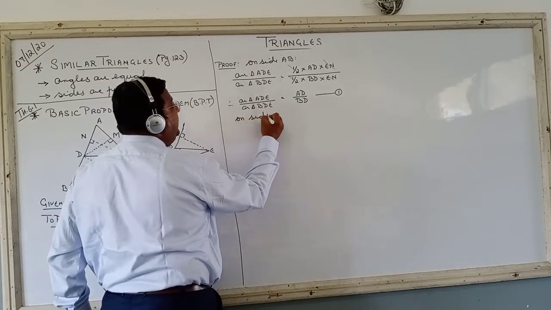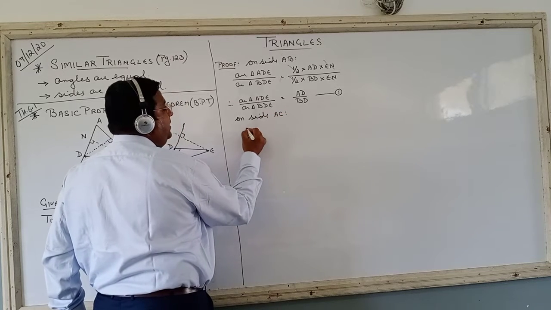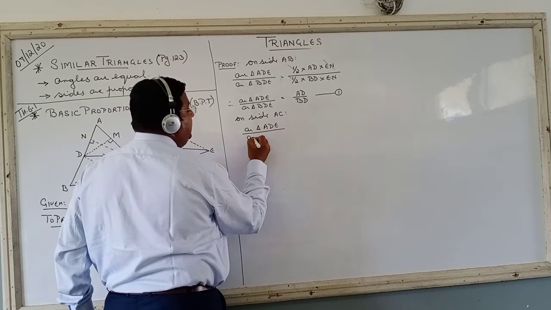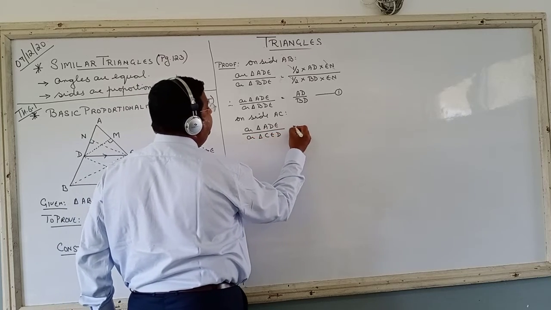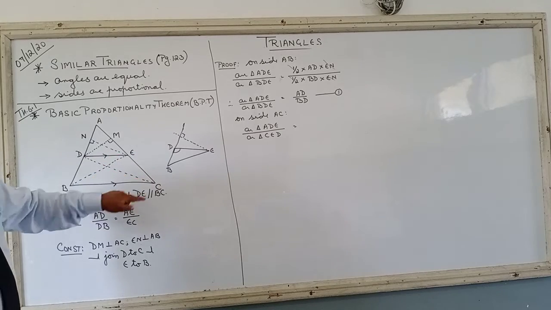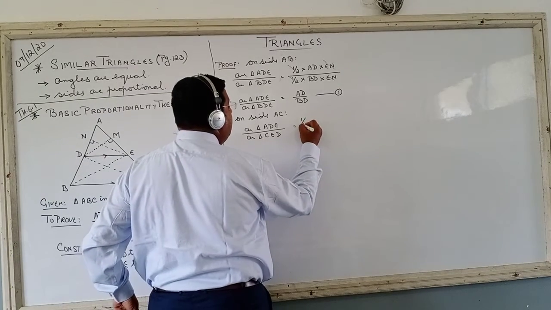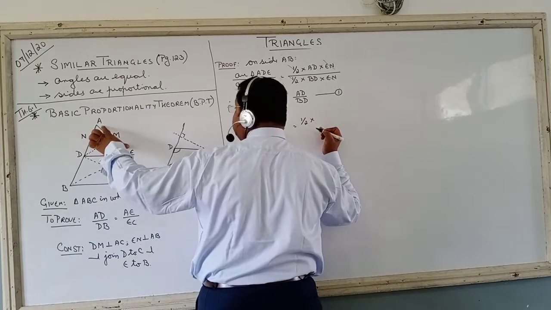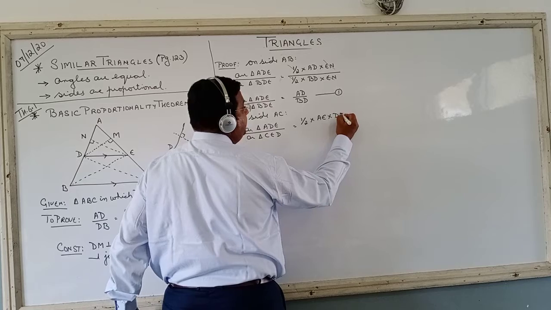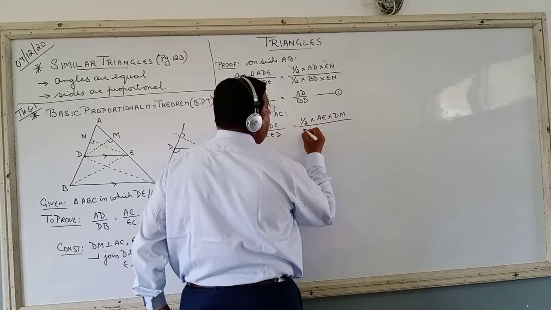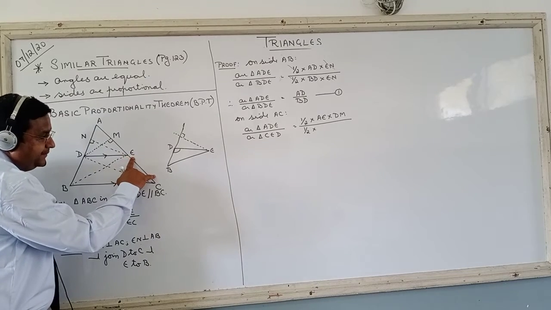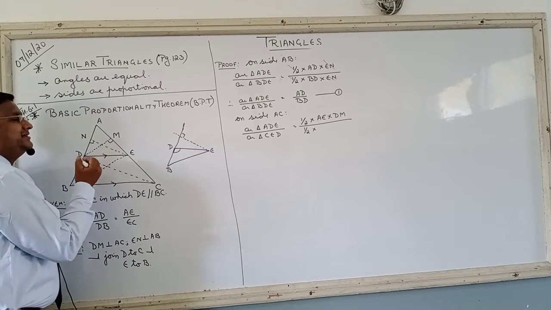On side AC, area of triangle ADE upon area of triangle CED. Half into base, which is the base AE, into height, which is the height DM, upon half into base, which is the base EC, and height remains the same.